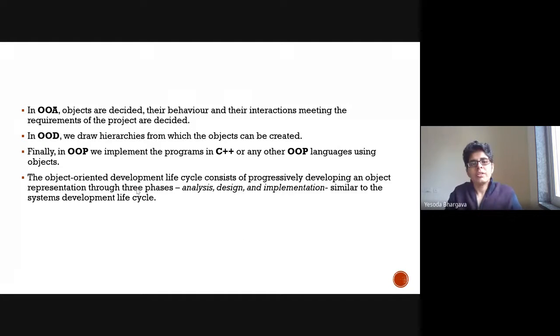In object-oriented analysis, objects are decided, and I've already discussed with you that even if you for a while forget these terms, it would come as a logical understanding that whenever we try to design how different entities are interacting in a system, at the first level you look at the entities as their names.